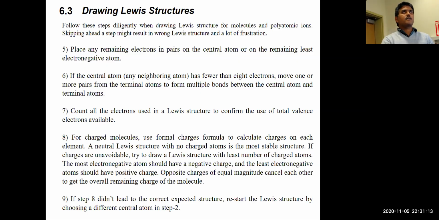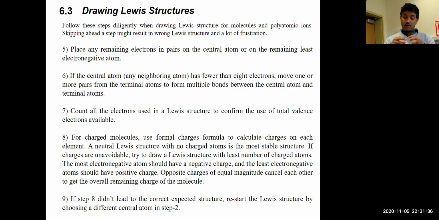And number 8 tells us that when you draw a Lewis structure, you have to draw one that is electronically neutral, if possible, or try to write a Lewis structure that has the least possible charges. We are going to talk about how to do that, because charges mean more reactive.